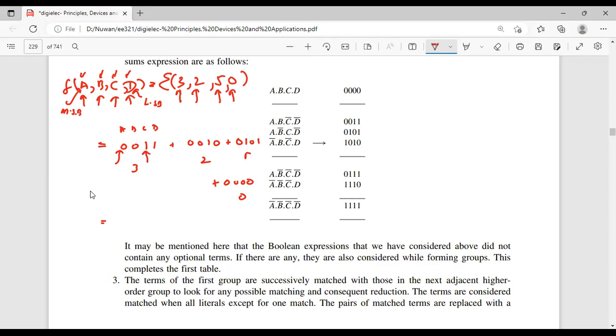So this will be A bar B bar C D, plus A bar B bar C D bar, plus A bar B C bar D, like this. So this will be a Boolean expression. Now you have to simplify this using the Quine-McCluskey tabular method.